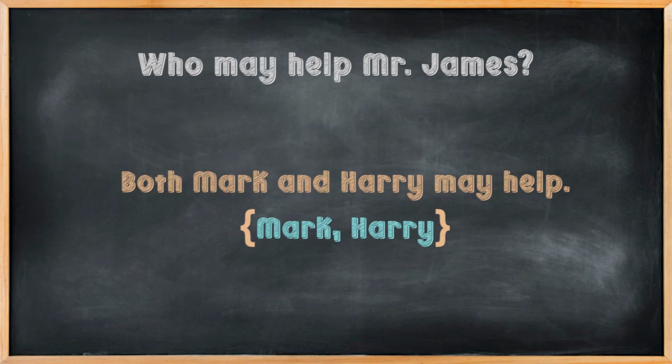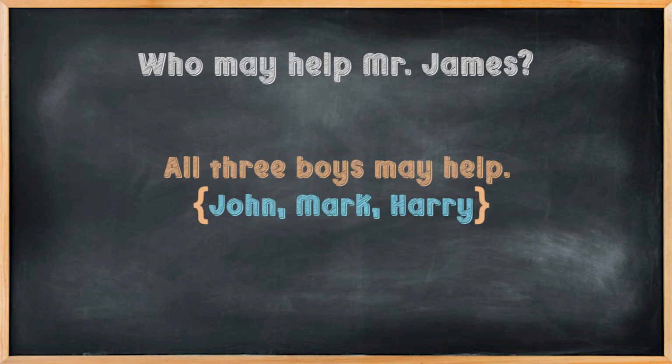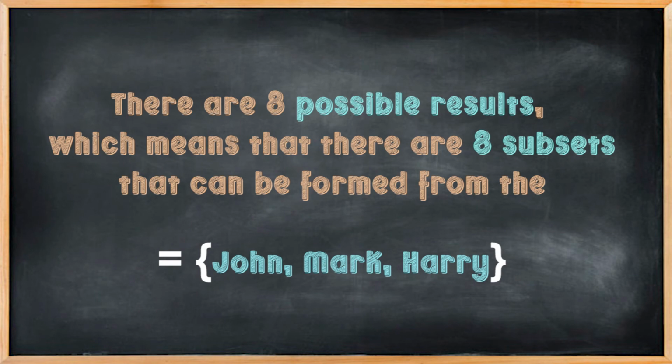There is a set with Mark and Harry. And of course, there is a set with all 3 members. So if you look carefully, children, you will see that we came up with 8 subsets. So it means that a set that has 3 members has 8 subsets.